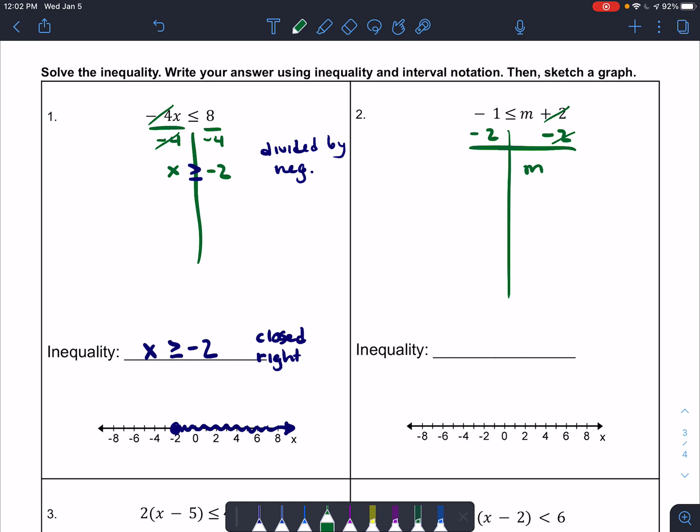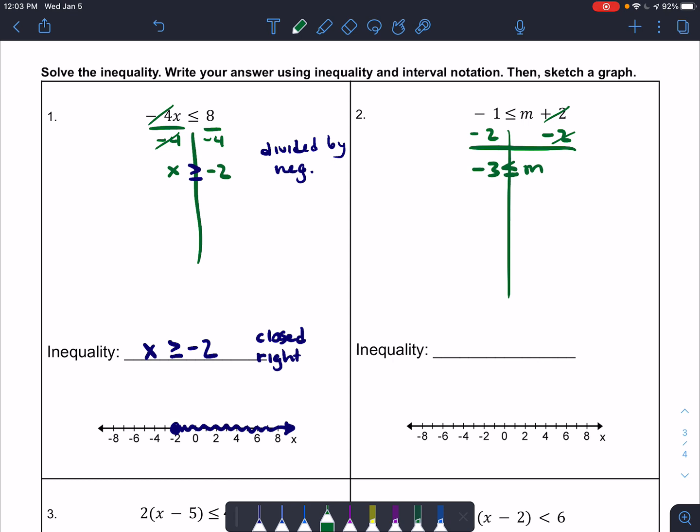Negative 1 minus 2 is negative 3. Did we multiply or divide by a negative? No, we did not. So we do not flip the sign. Even though this is subtracting 2, that does not flip the sign. So I would keep the same inequality.